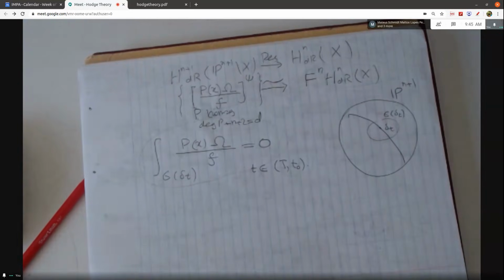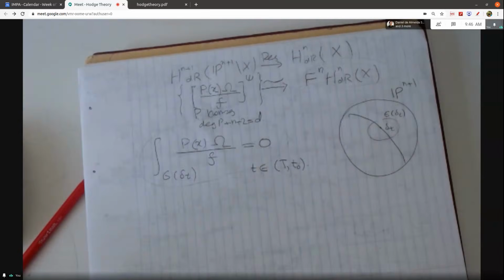Okay. Okay, so far, any question? We are almost getting to the end of the idea of the proof. Actually, this proof is mainly due to Griffiths, but he doesn't write it in this way.